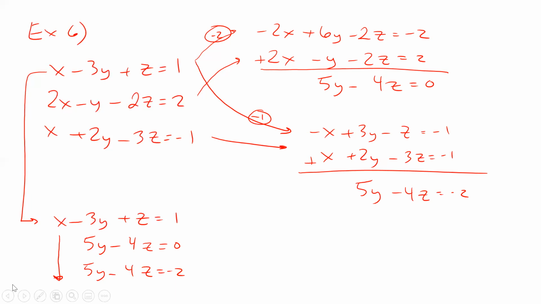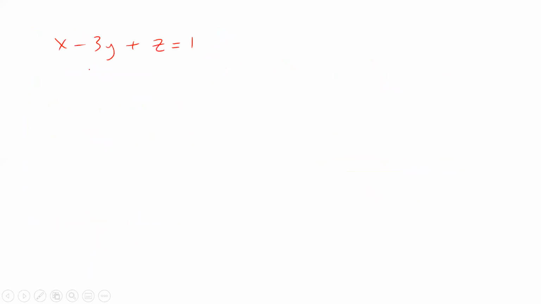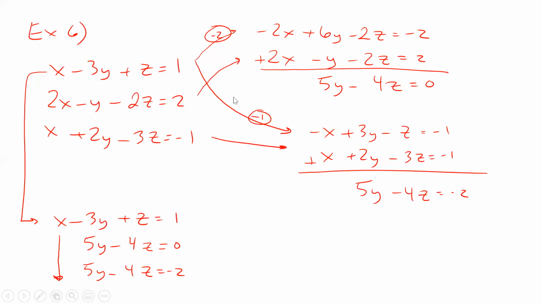My top equation still stays the same, x minus 3y plus z is equal to 1. My second equation remains the same as well, because that's what I found.